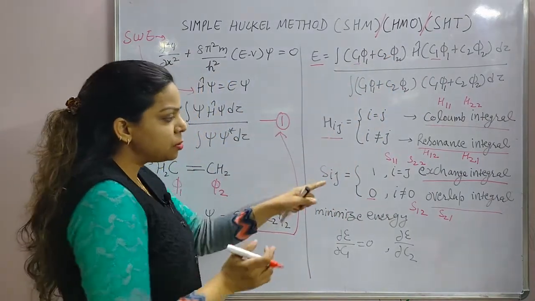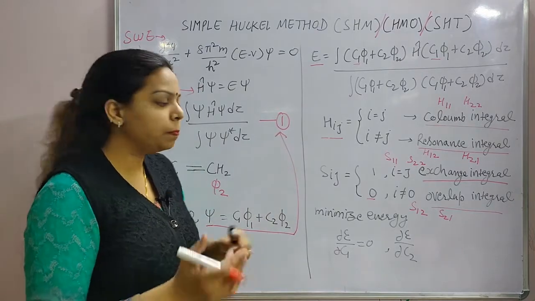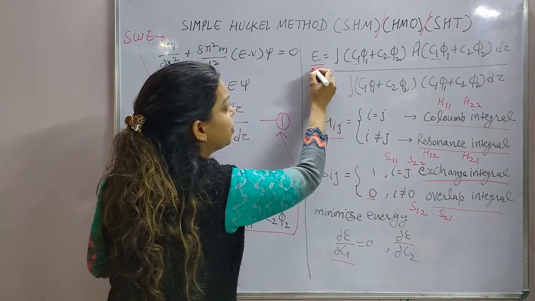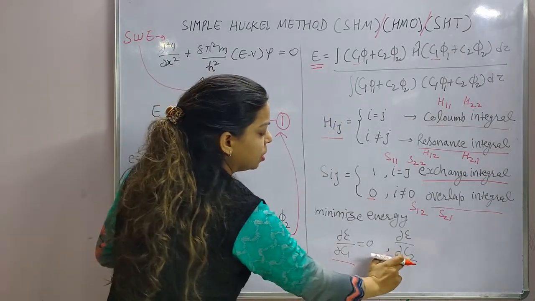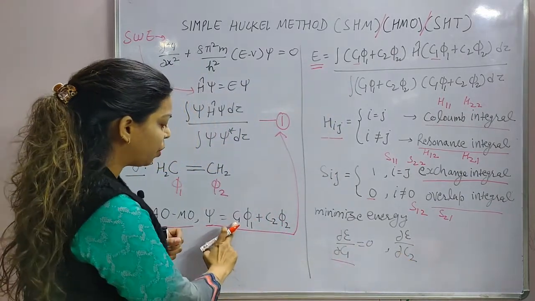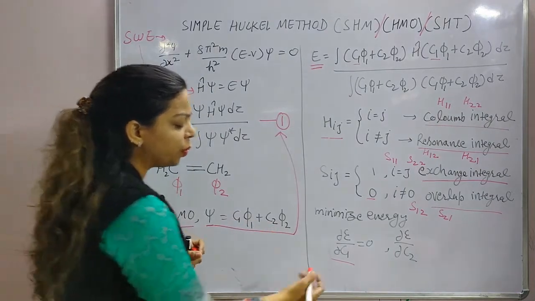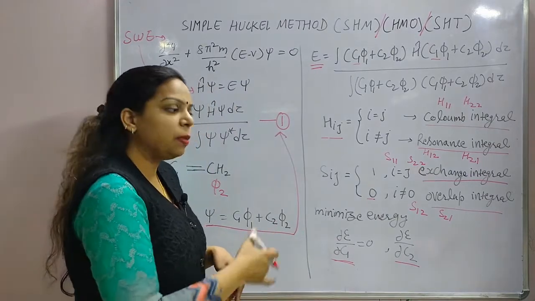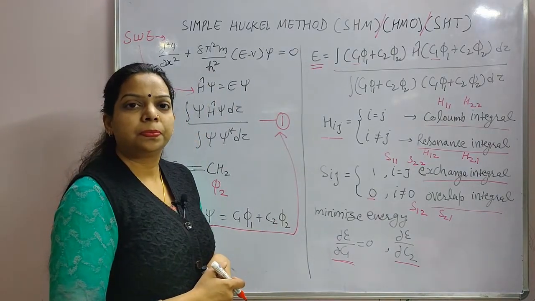So after substituting these values, what was the next step? The next step was to minimize this energy expression with respect to the coefficients of atomic orbitals. C1 and C2 are the coefficients. So when we minimize with these coefficients, let's see what the resulting equation was.